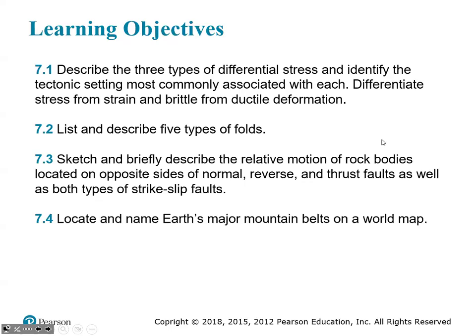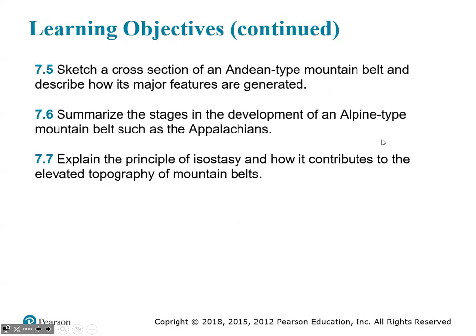We'll describe the relative motion of rock bodies, located on opposite sides of normal, reverse, and thrust faults, as well as both types of strike-slip fault. We'll locate and name its major mountain belts on a world map.